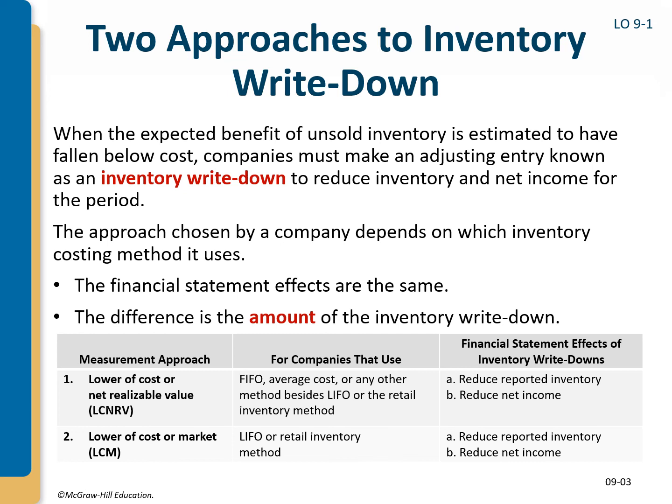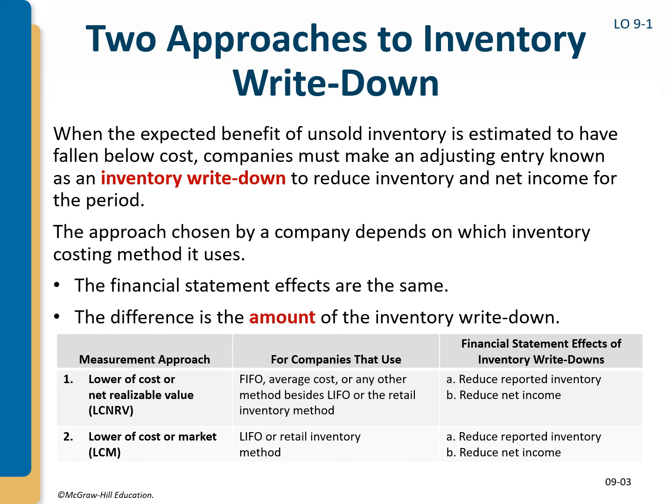So when the expected profit of unsold inventory is estimated to have fallen below cost, so revenue and certain things taken out of it is less than what we paid for it, companies must make an adjusting entry known as an inventory write-down to essentially reduce inventory so that the lower value is reported as an asset, and it will also reduce net income because we're going to charge it off as a loss.